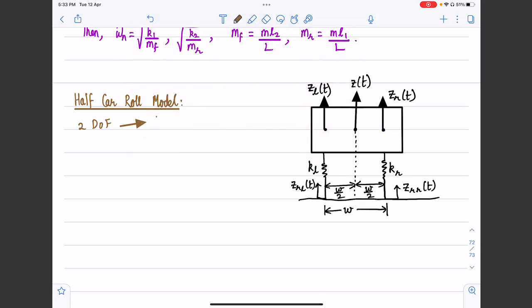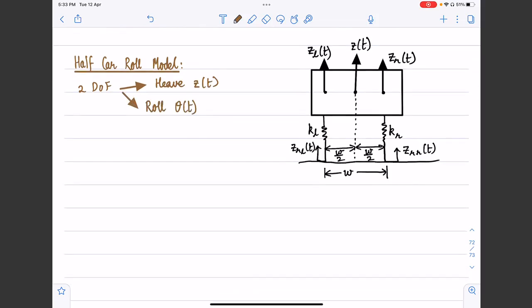We are going to have heave of the sprung mass and the roll of the sprung mass as the 2 degrees of freedom. So heave ZT and roll theta T are the 2 degrees of freedom.